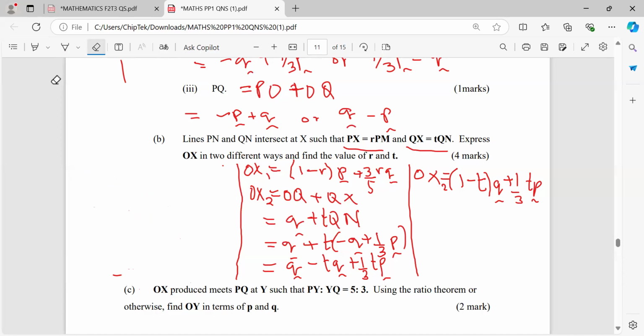Haya, tuendelee. Tumeelewa. Sasa wacha nichukue hii OX ya kwanza, in which ni 1 minus R P plus 3 over 5 RQ, ni equate kwa ile OX ya pili, lakini wacha nianze na P, a third TP.